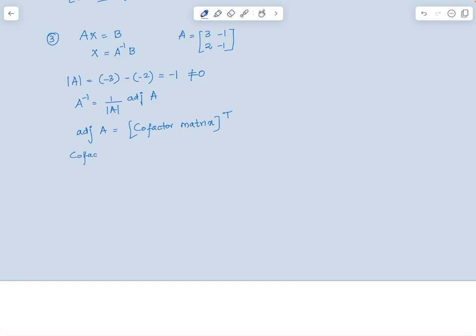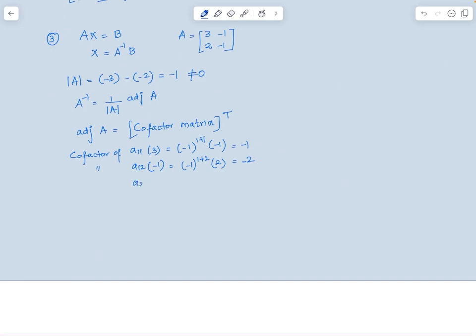Cofactor of A11, that is 3, is equal to minus 1 to the power 1 plus 1 times minus 1, which is minus 1 itself. Cofactor of A12, that is minus 1, is minus 1 to the power 1 plus 2 times 2, which is minus 2.